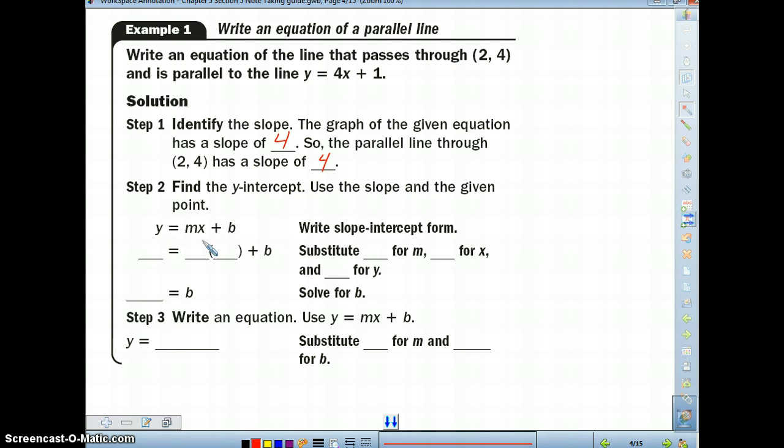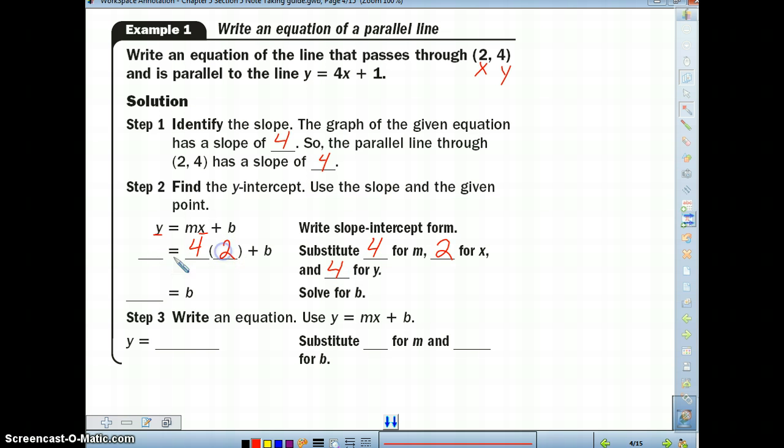We're going to use the slope and the given point in our slope-intercept form, y equals mx plus b. Now, the slope is easy. m is going to be 4. Where we get our x and our y is from the point: we have our x value, we have our y value. So we substitute 4 for m, 2 for x, and 4 for y.